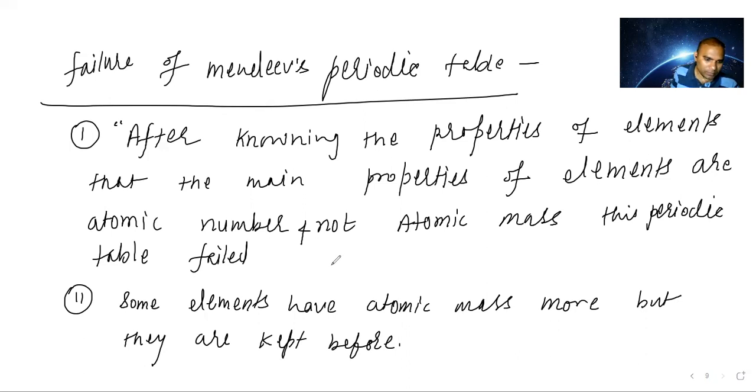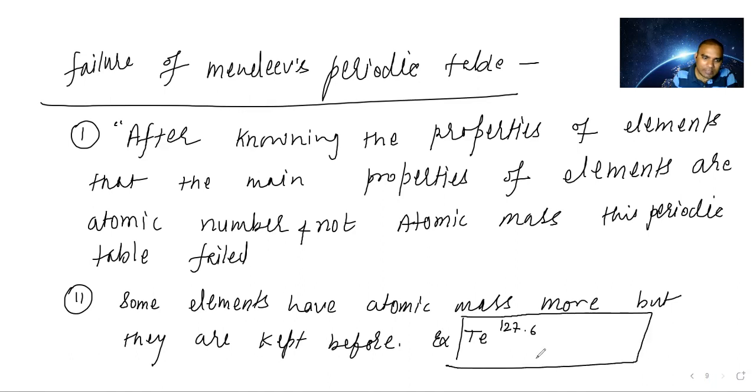Let me tell you an example: tellurium, Te, has a mass of 127.6 and is placed before iodine, whose mass is 126.9.